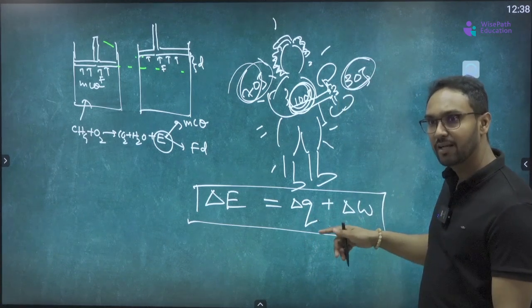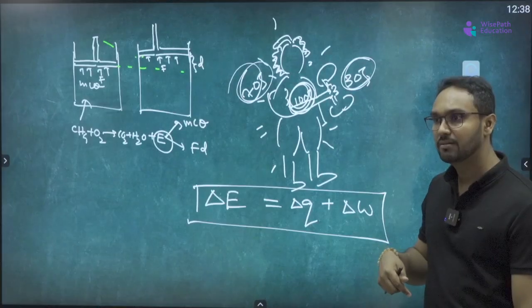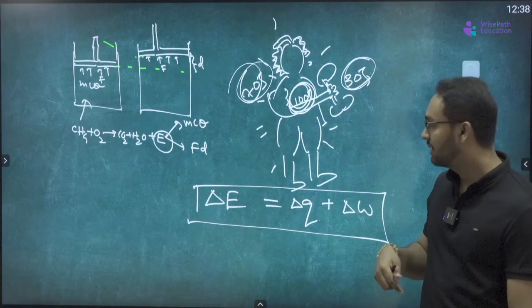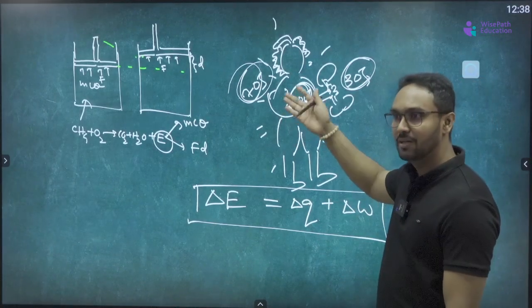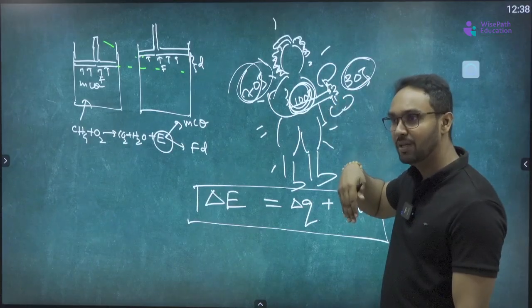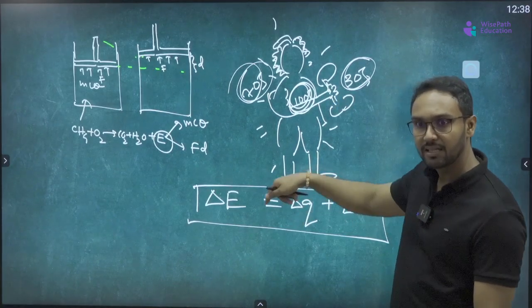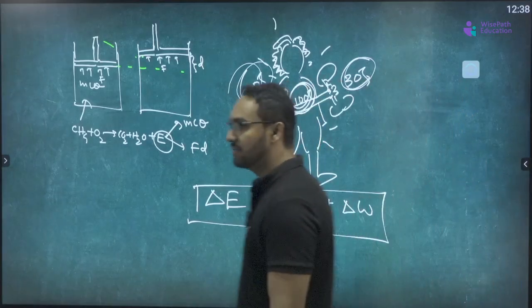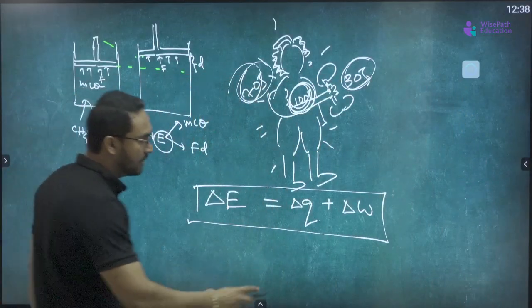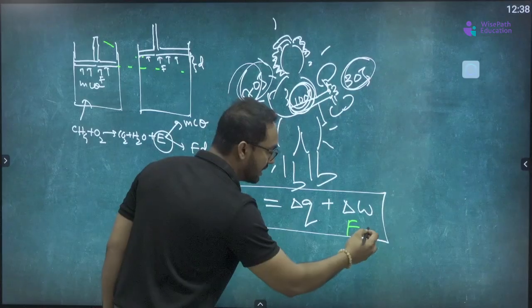We can't calculate this when it's inside of you, right? We can't calculate the energy of the apple Johan ate when it's inside your body, no? But we can calculate it how? With the work done and the heat release. So how do you calculate the work done? That is F times d.